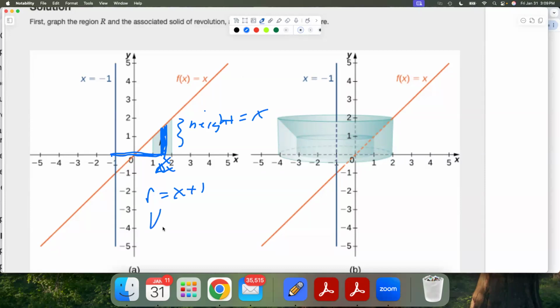And remember, volume of a shell is 2 pi r h times delta x, your thickness. There's r, there's h. We're integrating with respect to x. Now, what are my starting and endings? 1 to 2.